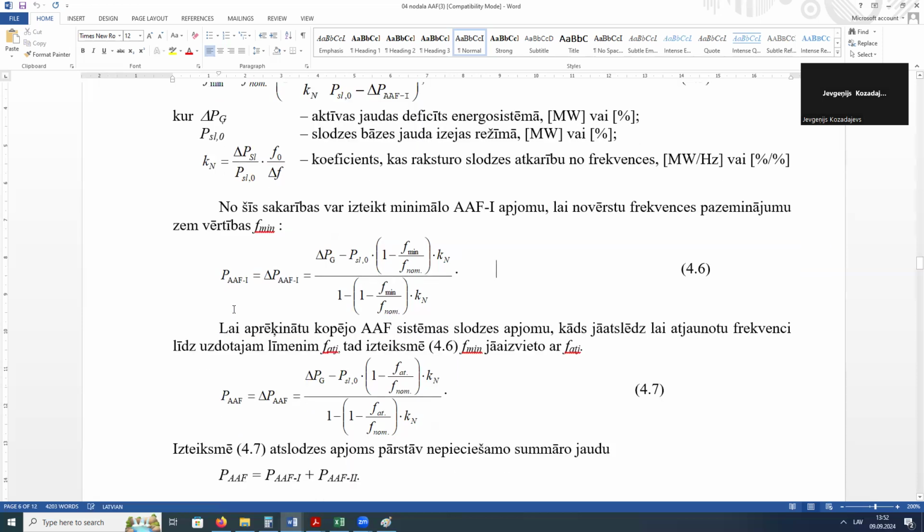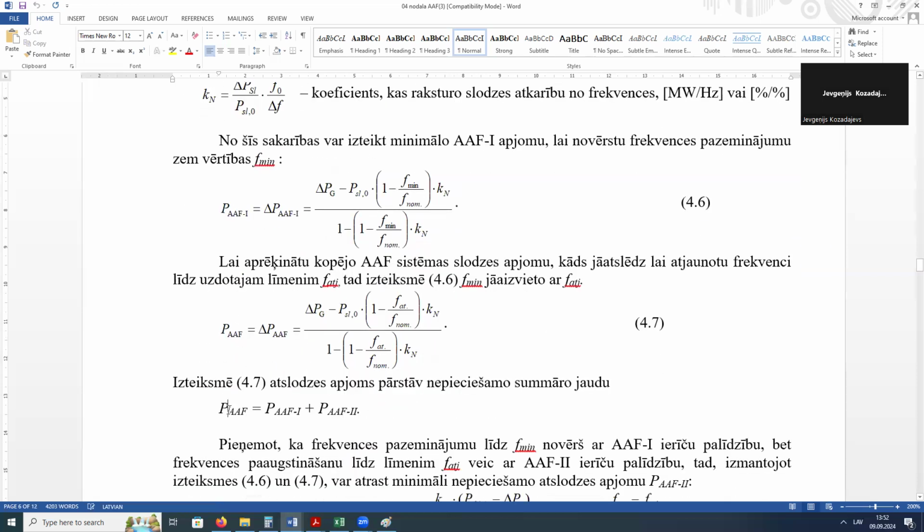There are two types of AFR automation. So we could ask the second question. The first question: what is the minimal possible frequency? And we calculate this.